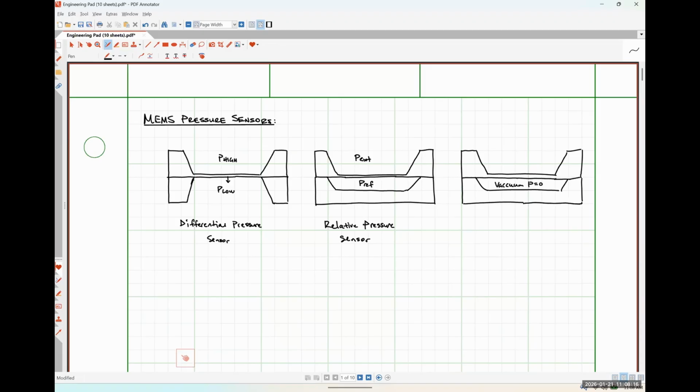And then here is our external pressure. And so this is what's called an absolute pressure sensor because it measures the pressure with respect to zero, essentially.